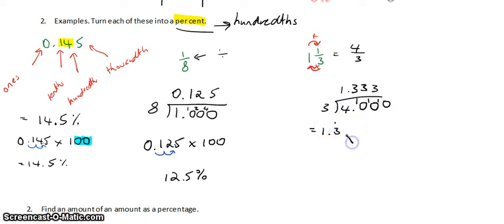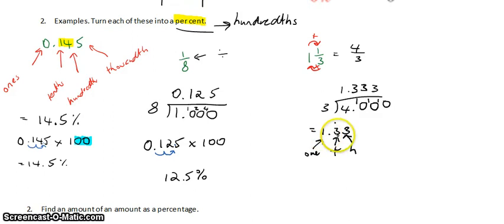Now, looking at our place value, we know we have a 3 in the hundredths, a 3 in our tenths, and a 1 in our wholes. So if we wanted to read this whole number in terms of hundredths, we actually have 133 hundredths. And we know what hundredths means, percent.